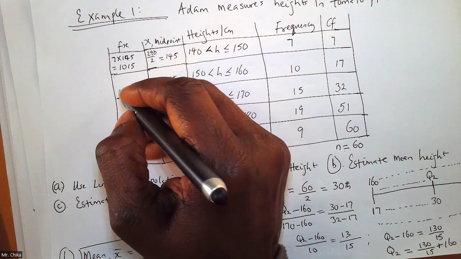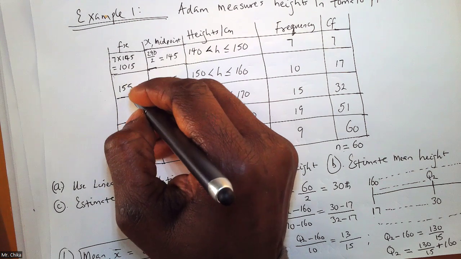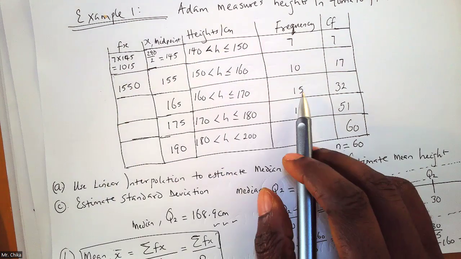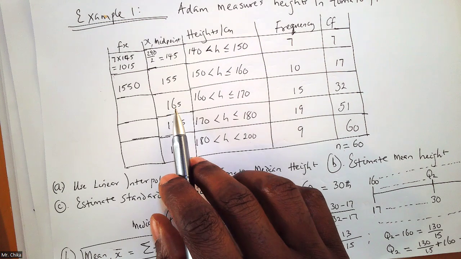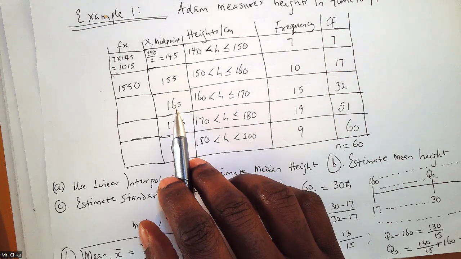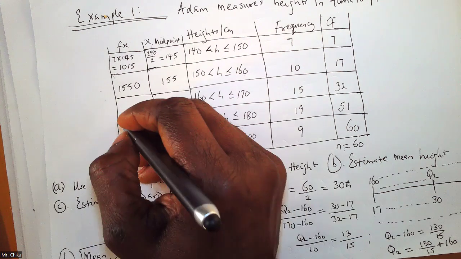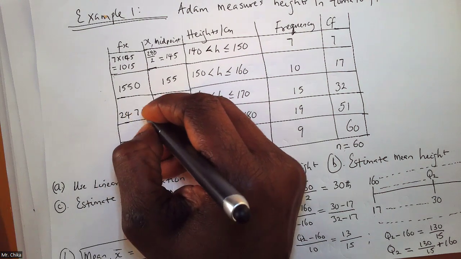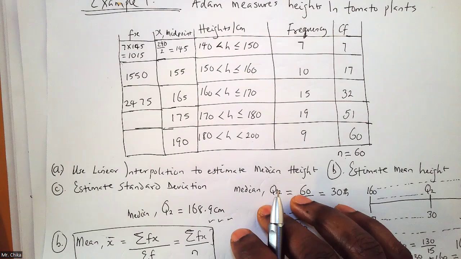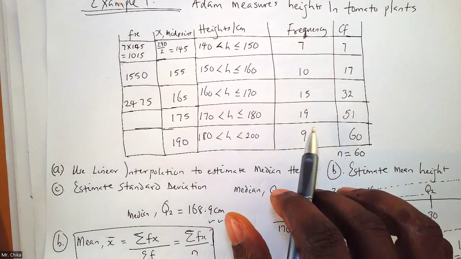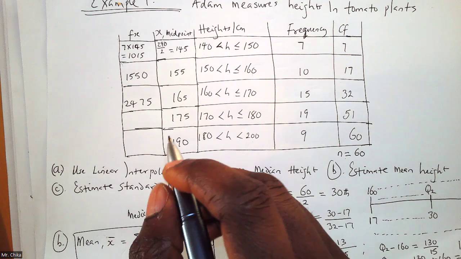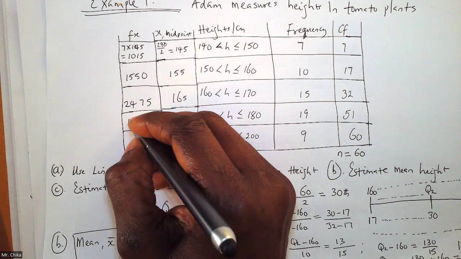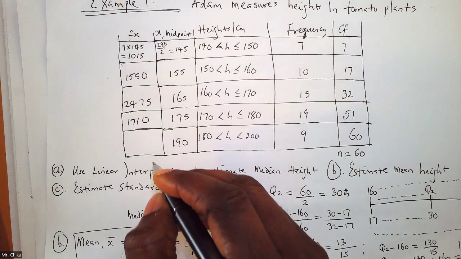Then 15 times 165. Make sure you do that correctly in your calculator. You should get 2475. And then you do the same thing for 19 times that, which should give you 1710.